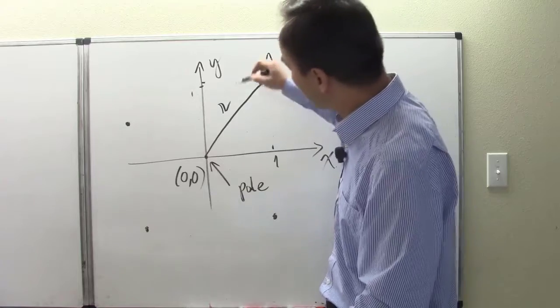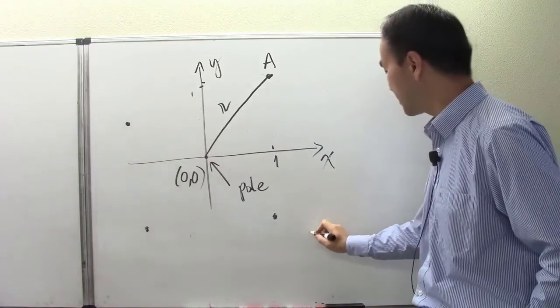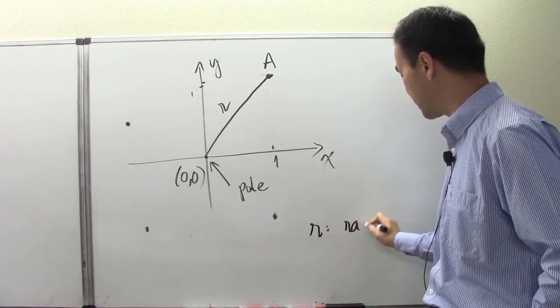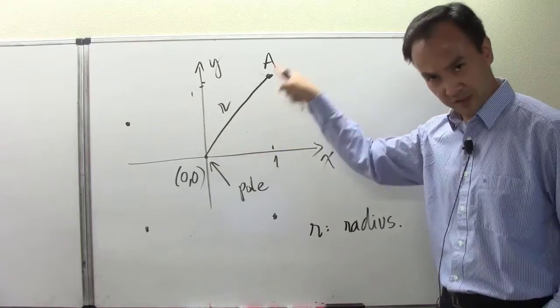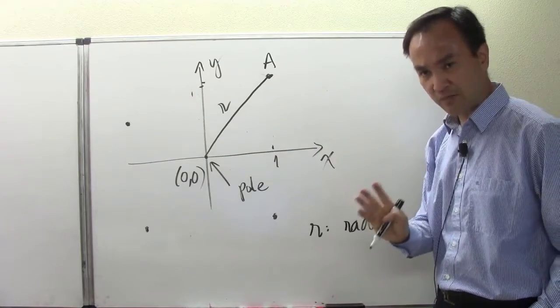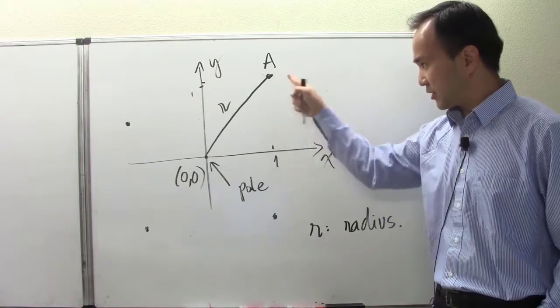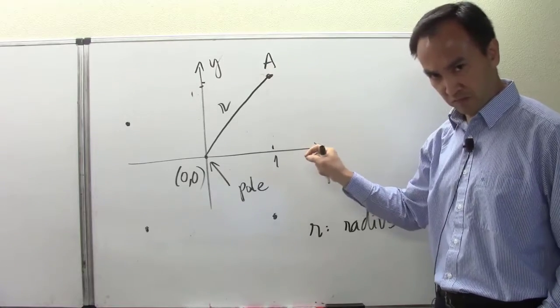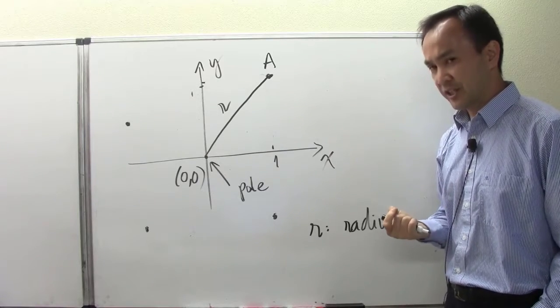R here means radius, because it's a distance; in formal math terms we call it a radius. So r is just the distance from where the point is back to the origin.